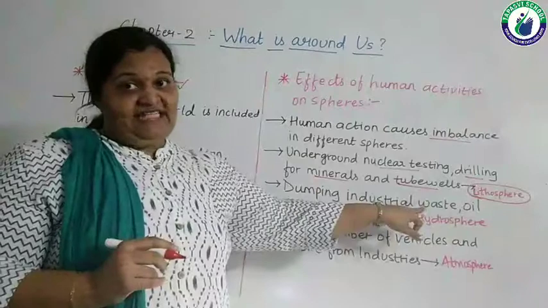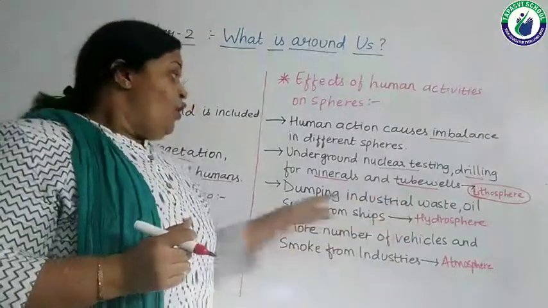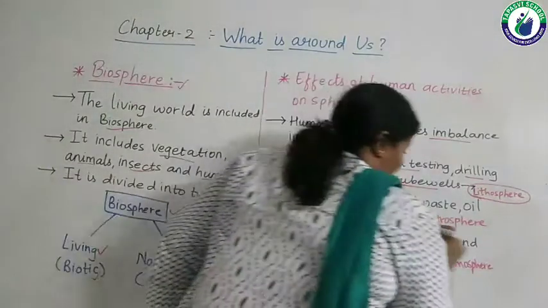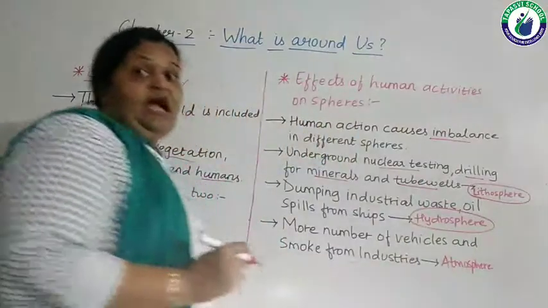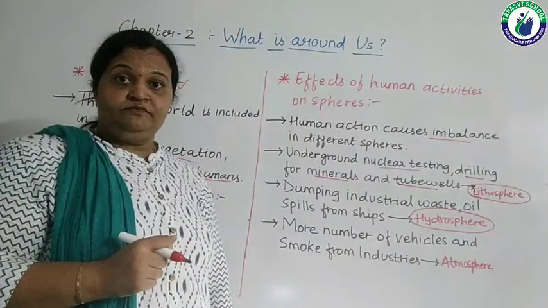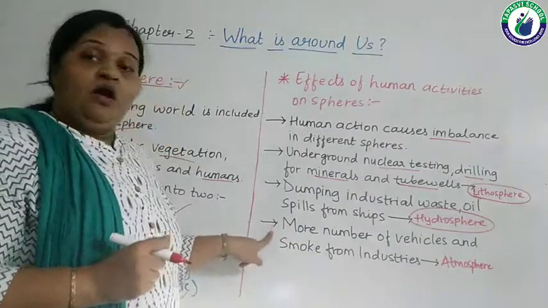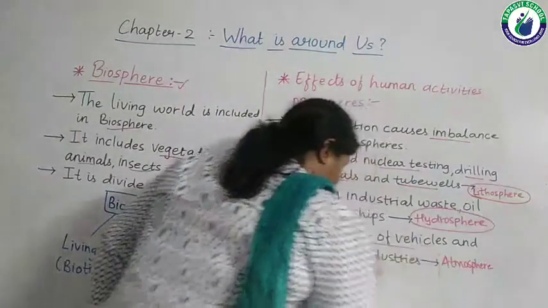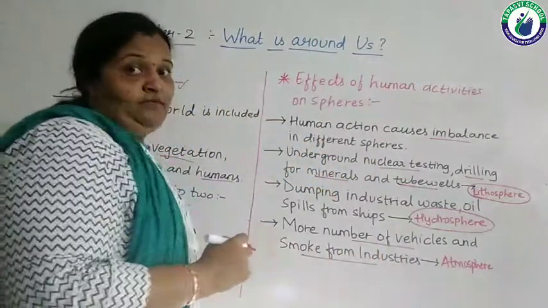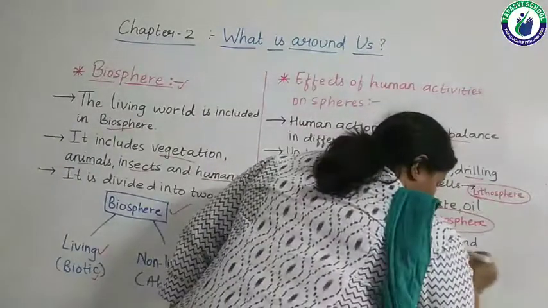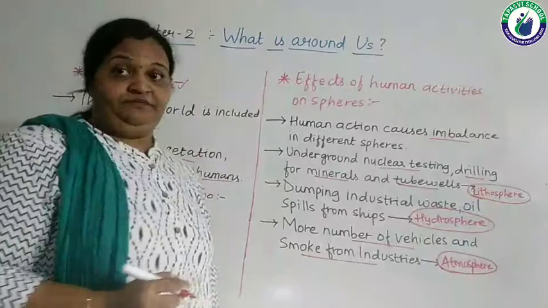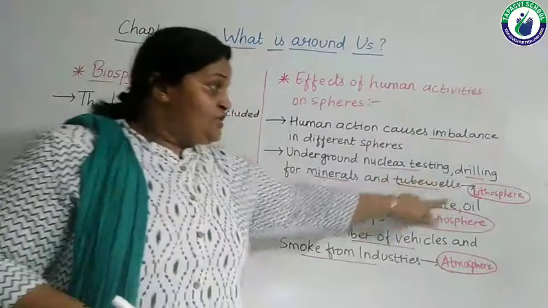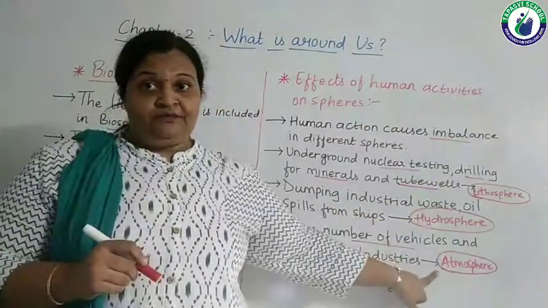Dumping industrial waste into the water bodies, oil spills from ships. This all is harming hydrosphere. Right? More number of vehicles, smoke from industry. This all is harming atmosphere. So in this way, human deeds are harming lithosphere, hydrosphere, atmosphere.